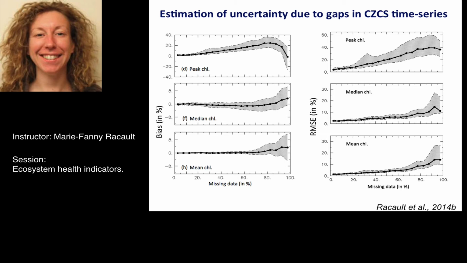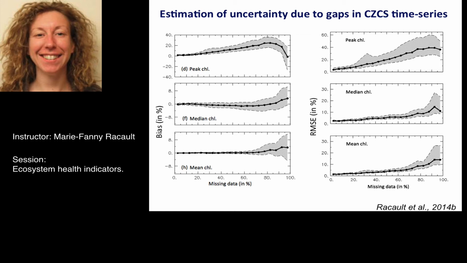I shuffled around the different years of SeaWiFS, and I always applied the same mask from the CZCS. And I repeated this procedure 25 times and generated 25 unique time series. I had 10 years and I only kept 6 years, so I always had a climatology estimated based on 6 years of observations.